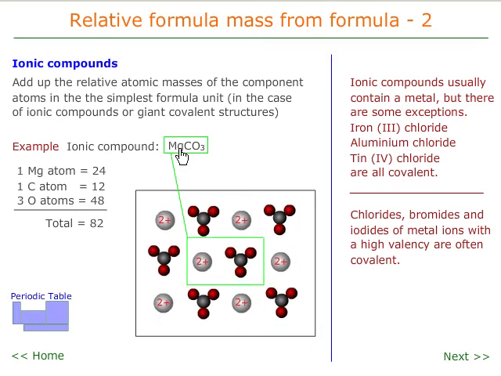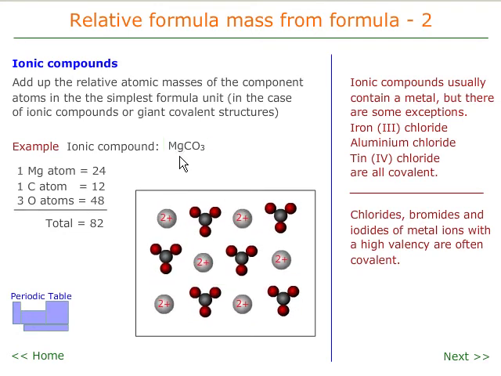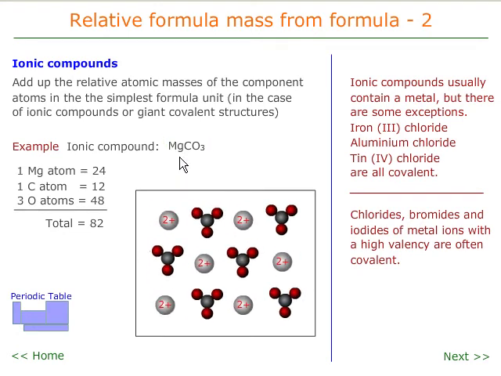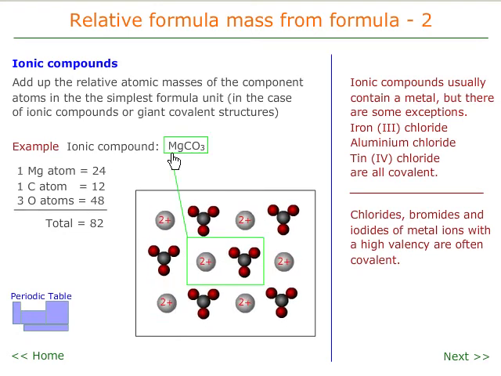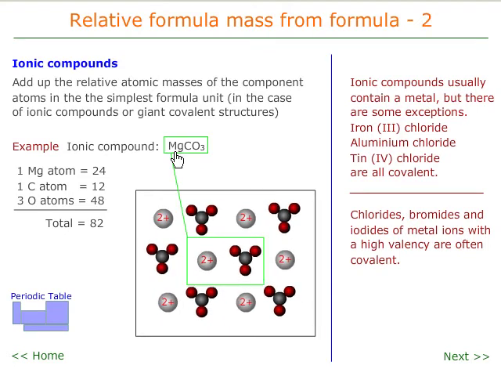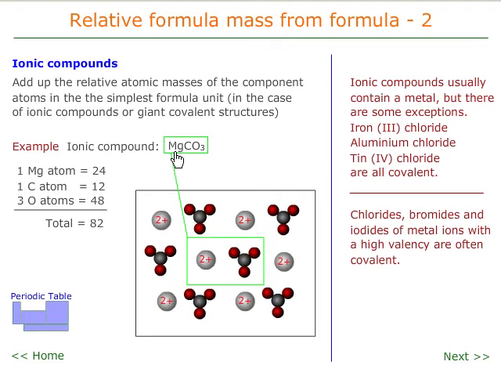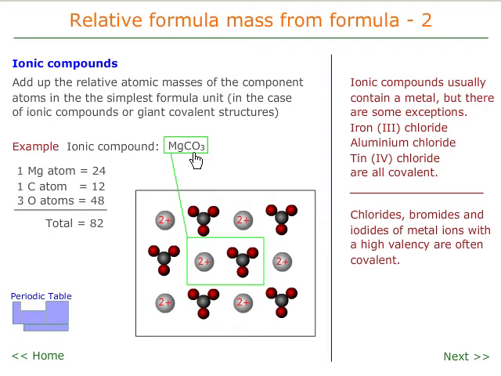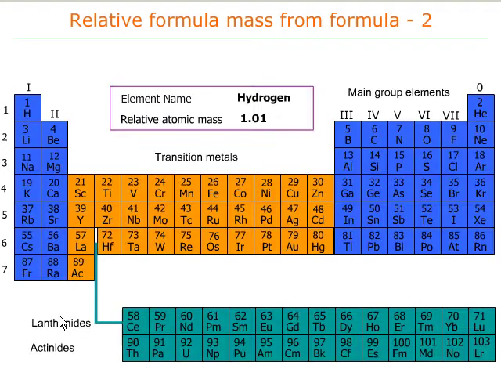So to find the relative formula mass of magnesium carbonate, we would look at the formula MgCO3 and use the periodic table to find the mass of magnesium, carbon and oxygen. From our periodic table, magnesium has a mass of approximately 24, carbon approximately 12, and oxygen 16.